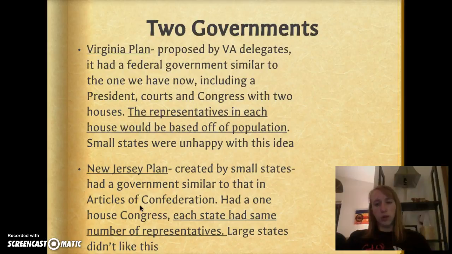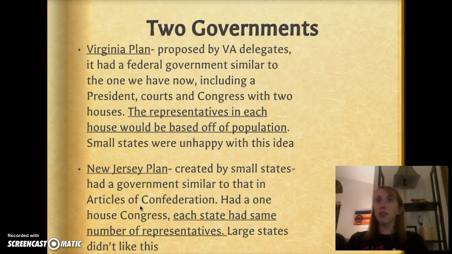And so quite quickly we see what we call the New Jersey Plan. This is created by the small states, and it's the idea that each state would have the same number of representatives. Obviously, they don't want to have less of a say simply because their population or their size is lower. And so they believe that each state should have the same number of representatives.